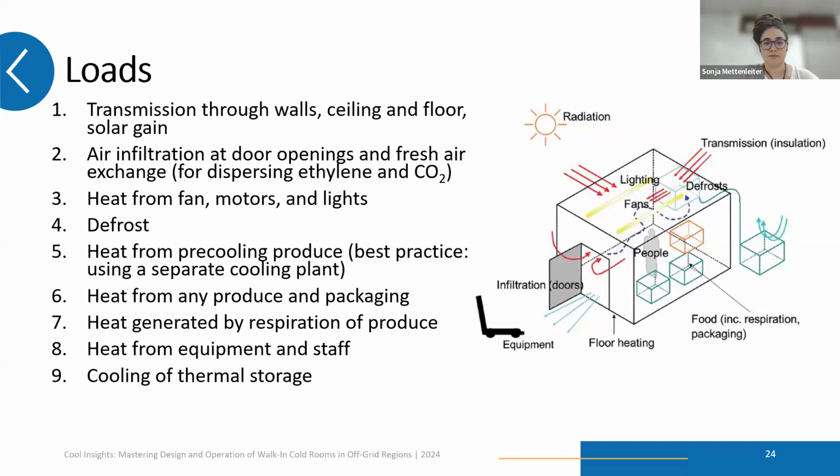Then, of course, if we don't have that separate pre-cooling facility, we have the full field heat from the pure produce. But also if the produce already comes packed, or even just in crates or pallets, that also comes with a heat load. Then all organic items that we're putting there have respiration, that also creates heat.